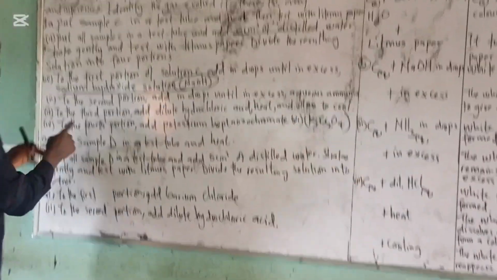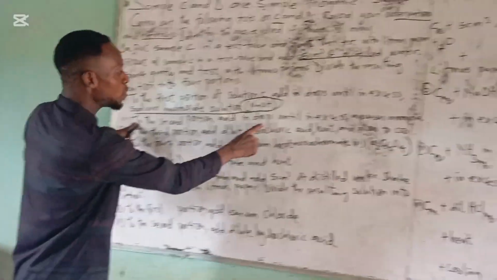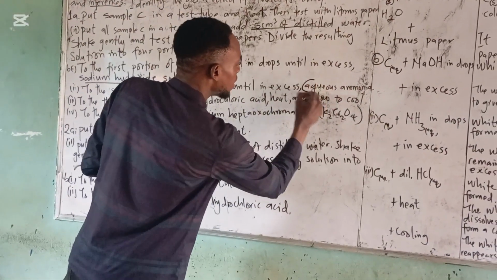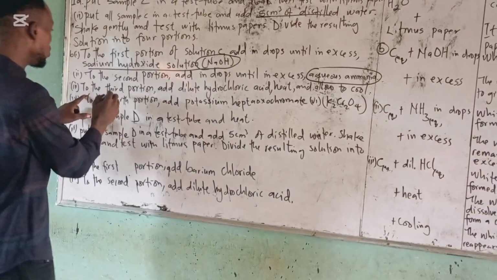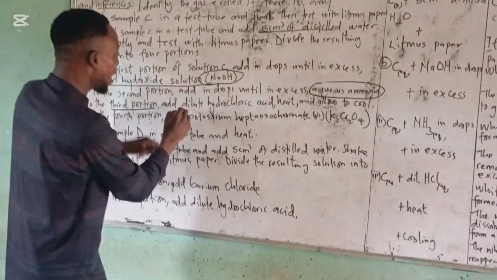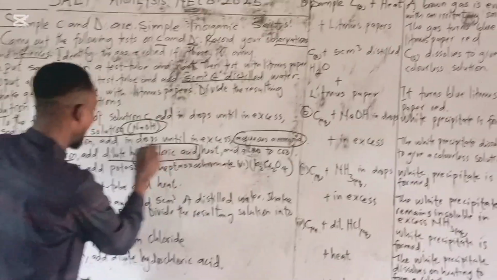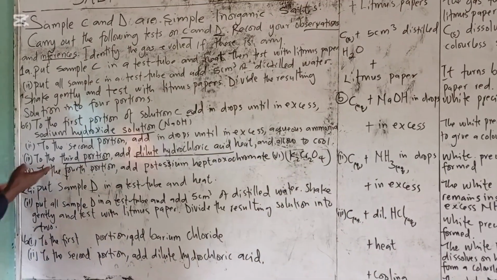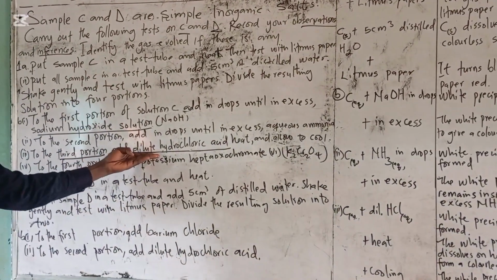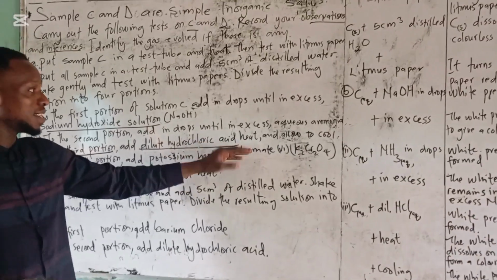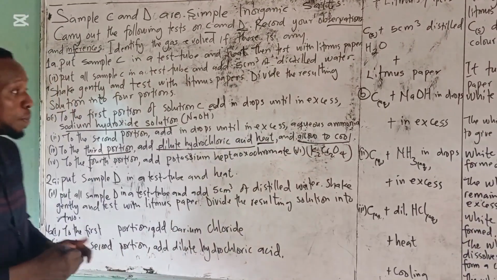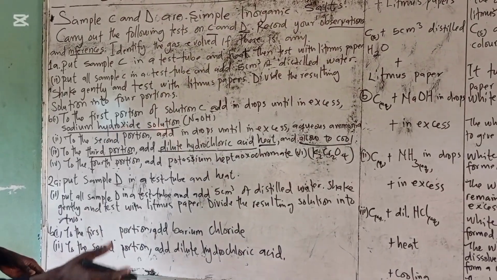Now, to the second portion, we are going to add in drops until in excess aqueous ammonia. Then to the third portion, we are going to add dilute hydrochloric acid, then heat it, allow it to cool properly, and record our observations and inferences.